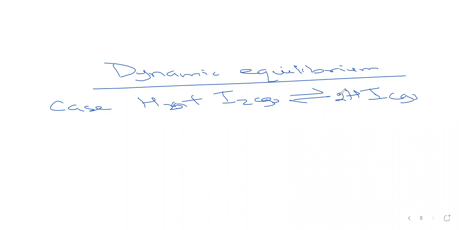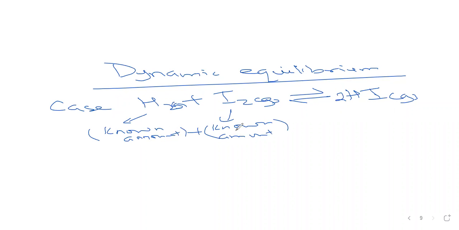You put a known amount of hydrogen and a known amount of iodine. That known amount can be in terms of moles. We are using known amounts so that we are able to see how much of the products have been formed at the end of the reaction and how much are remaining for the reactants at the end of the reaction.